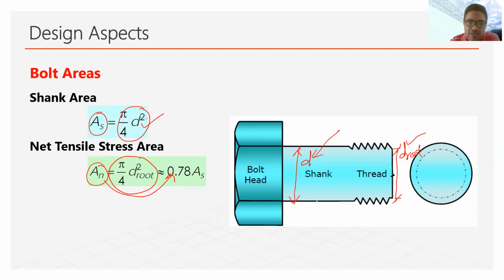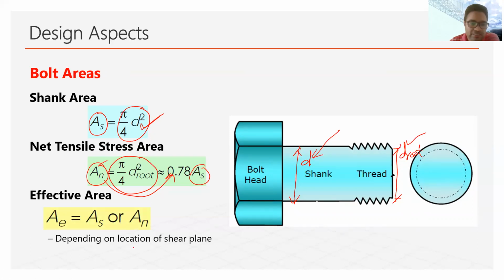So if we are given D value, we will be able to find out the value of AN by simply putting the value of AS here. So 78 to 80% of gross area is basically the net effective area. So both of these areas will be used accordingly. Okay, which area should be used, whether we use AS or AN, will depend on the location of the shear plane, where this shear plane is located, whether it is on the thread or it is on the shank. That we will see later.